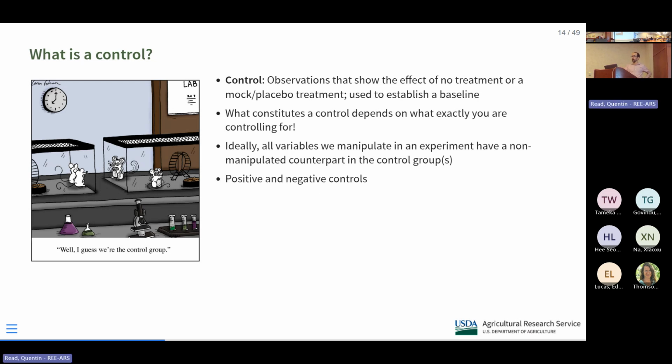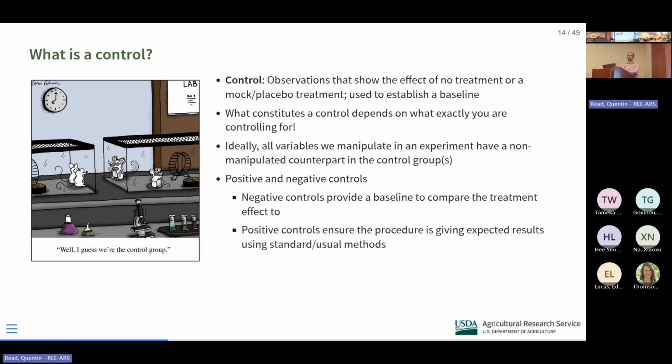And you all might have heard the term positive and negative control before. So again, like I said, there's not just one kind of control. There are different controls depending on what you're controlling for. Negative control is like what I'm saying, the baseline to compare the treatment effect to. A positive control is something that ensures the experimental procedure is working using standard methods.